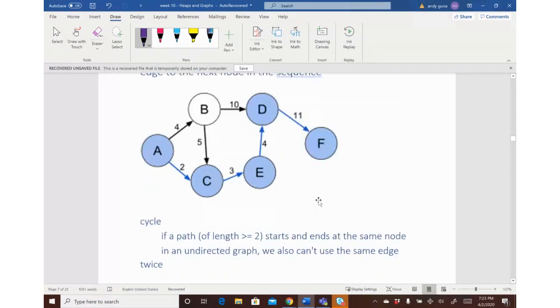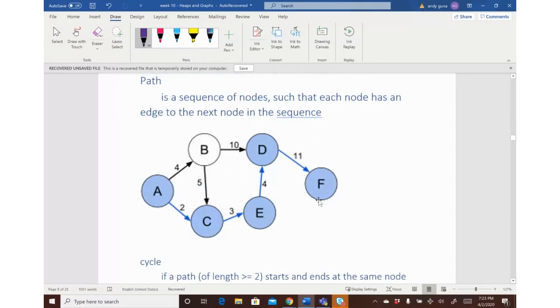Okay, next we're going to define what's called a path. A path is a sequence of nodes such that each node has an edge to the next node in the sequence.